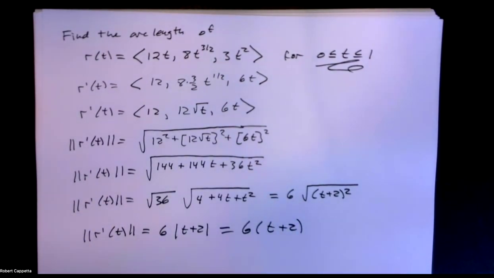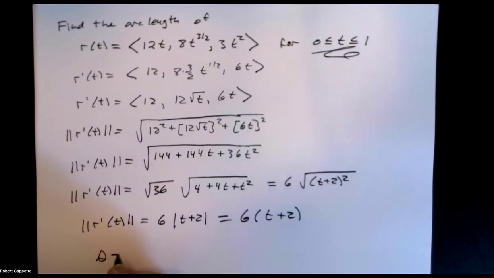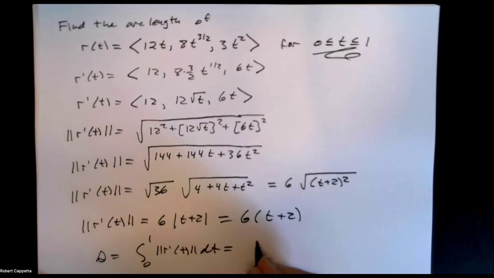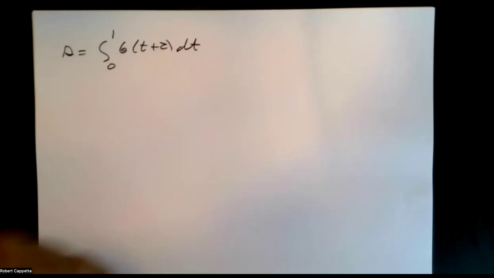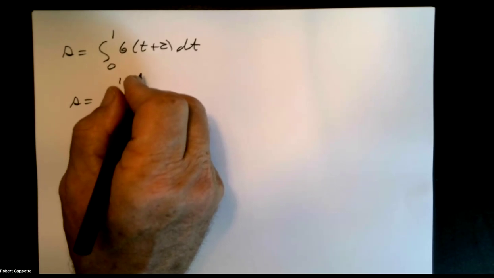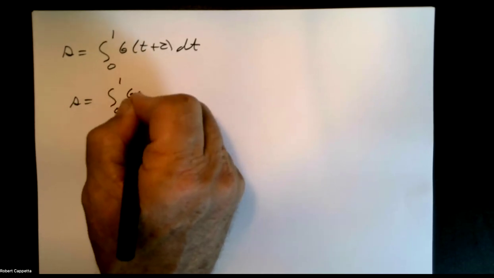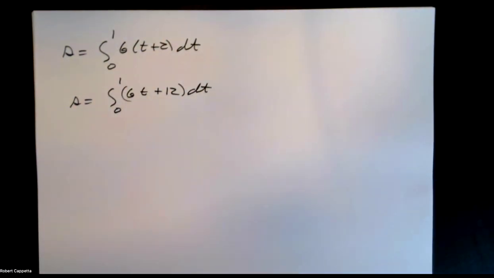And to get arc length, I'm going to need to integrate speed from 0 to 1. So we know arc length is the integral from 0 to 1 of the speed. So that will be the integral from 0 to 1 of 6 times t plus 2 dt, which of course becomes the integral from 0 to 1 of 6t plus 12 dt.